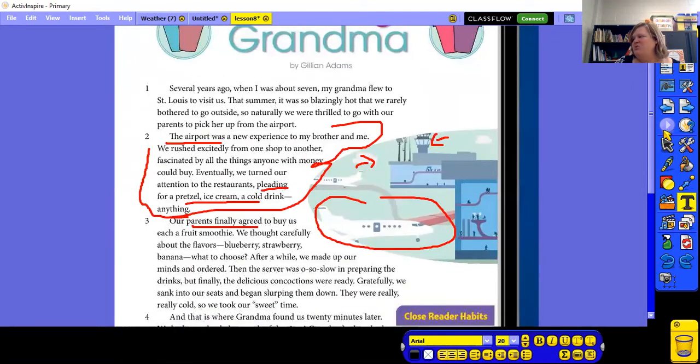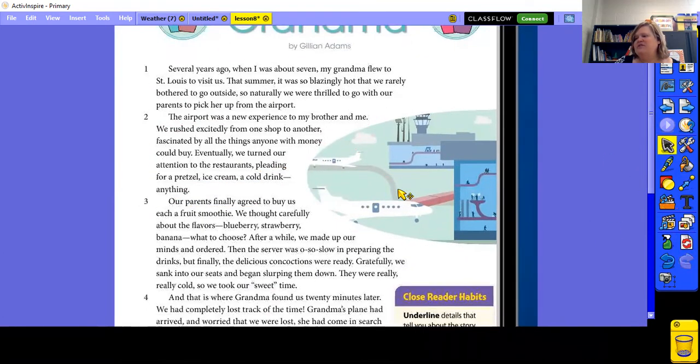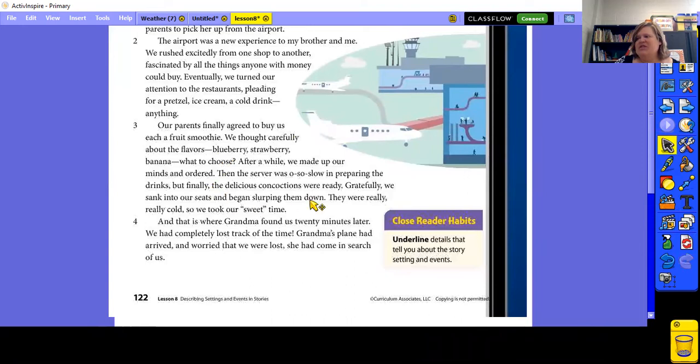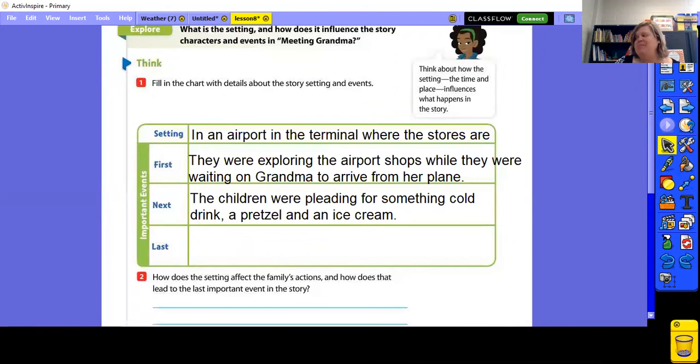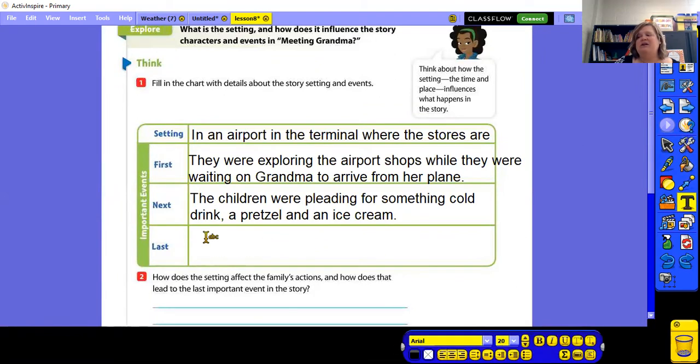So in the story, I'm going to erase some of this just to make it clearer. In the story, it says that they were taking their sweet time. They were really, really cold, so they took their sweet time. And it said they lost track of time and forgot to go get Grandma, and she found them. So I'm going to say they lost track of time.